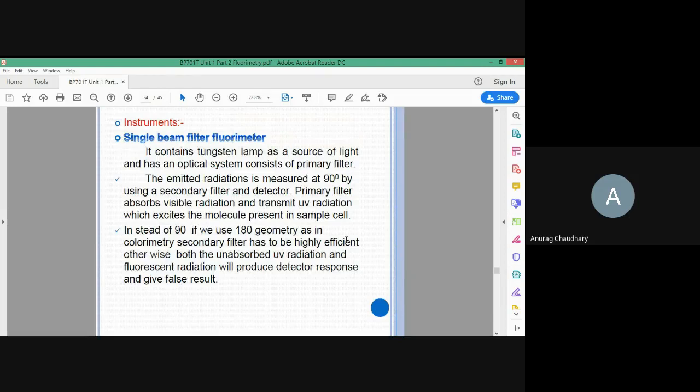The emitted radiation is measured at an angle of 90 degrees by using a secondary filter and a detector. The primary filter absorbs visible radiation and transmits UV radiation, which excites the molecules present in the sample cell.